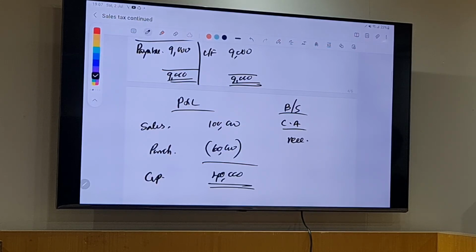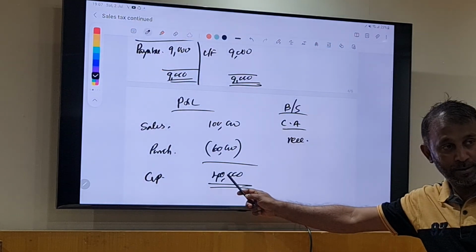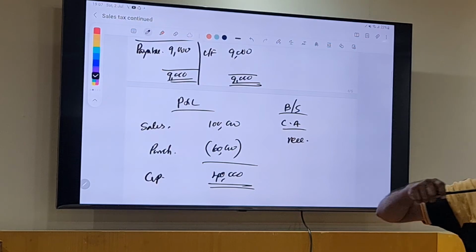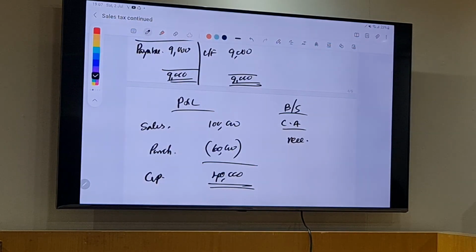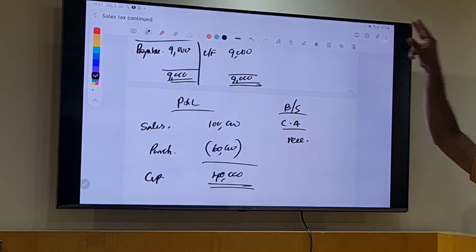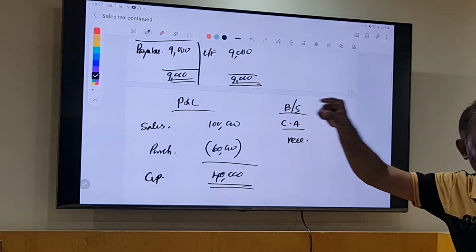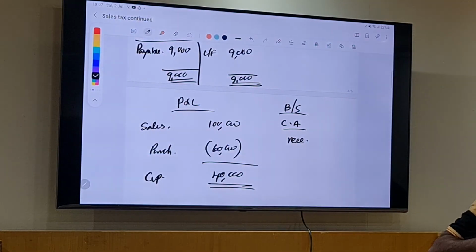gross profit, GP. Why not put the 9,000 here? This is excellent. No, it's not an expense, brother. Are you asking why we are putting it here? Because that 9,000 is not an expense or income for you. You are paying it to your supplier, and that should be collected from the department. So, if you can collect what you paid, can you consider that an expense?